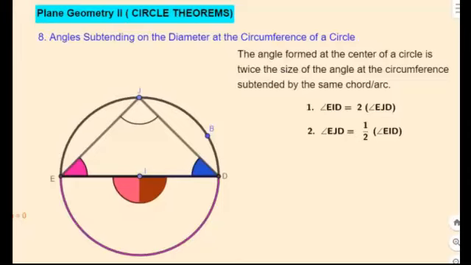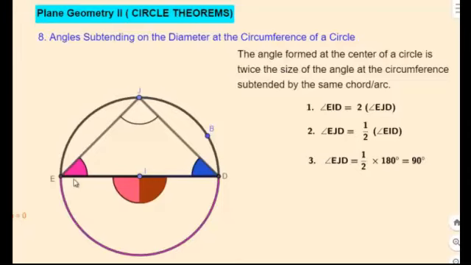So taking half of it would give us 90 degrees. This means that the angle EJD, or the angle at the circumference, is 90 degrees, and that is shown in point 3.